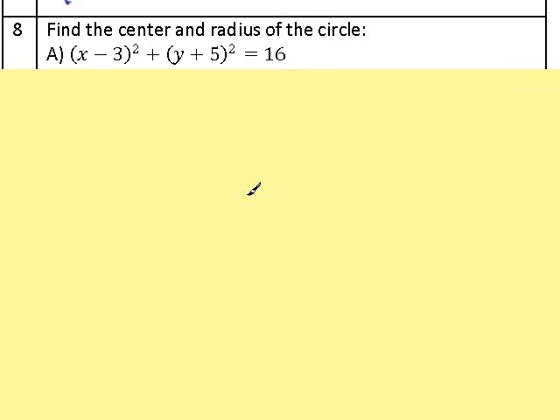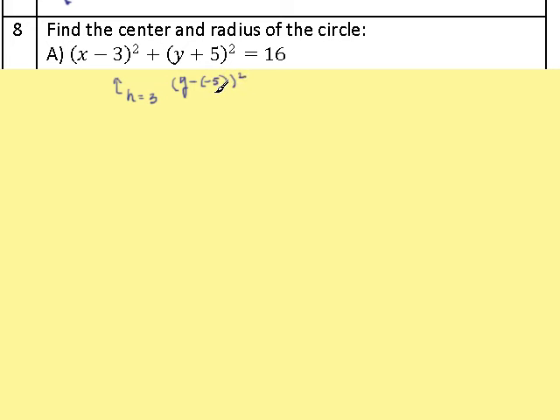In number 8, we have an equation of a circle, and we want to find the center and radius. So since this is in standard form, we can just read it off. Here's h. H is 3. And since we have a plus here, this is actually the same as y subtract minus 5 squared.